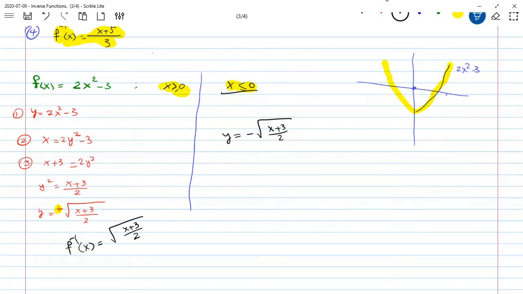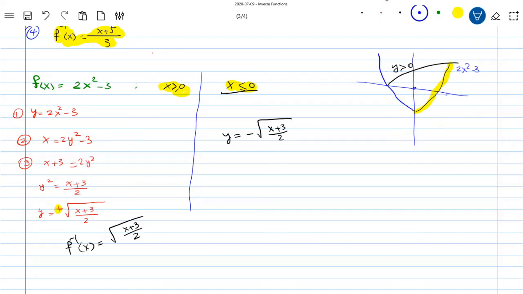If you reflect these sections, each section separately, so for example, if I reflect this part, what I get is something like that. And this is for the first case. What you see is y values are positive. If you had the left-hand side of the graph and you reflect this left-hand side, what you would get is that. And what you have here is y negative.